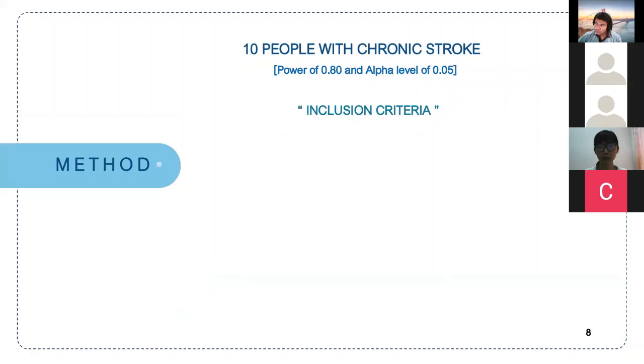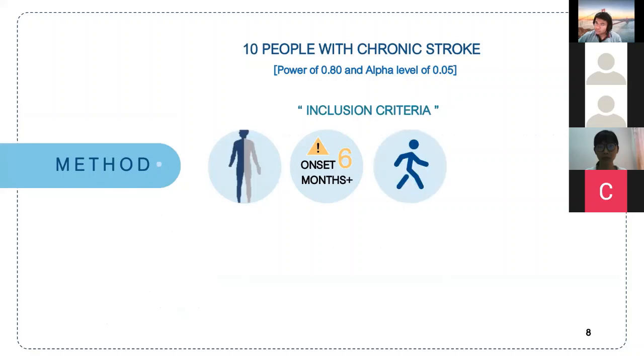This study recruited 10 people with first unilateral hemispheric stroke, onset more than 6 months, aged 18 years and older, able to walk independently, and able to perform serial three subtraction from 90 for at least 5 steps, or able to perform verbal fluency of the food category for at least 5 foods.